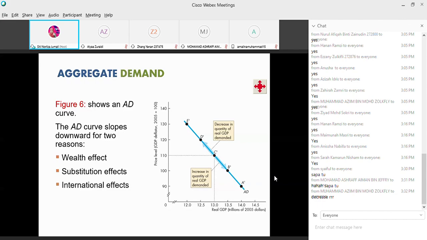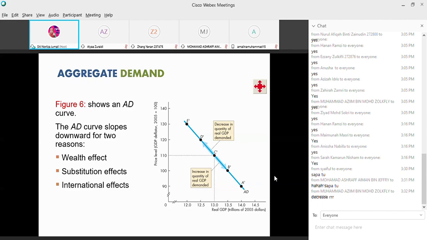When you become poor, you cannot buy exactly the same quantity as before. Therefore the production drops. When the production drops, real GDP also drops, because real GDP reflects all goods and services produced.